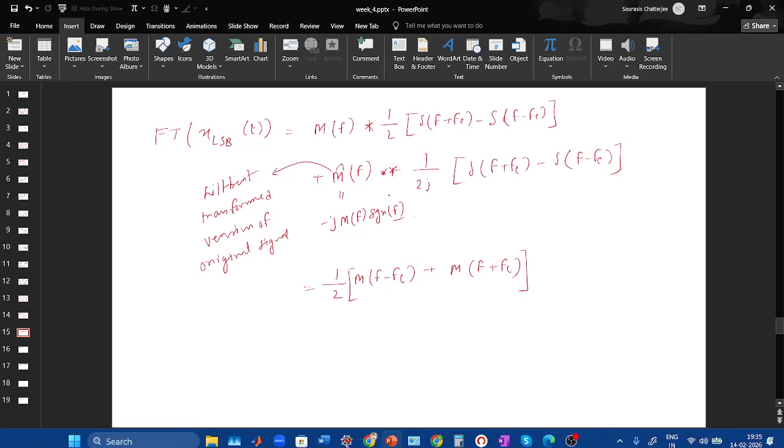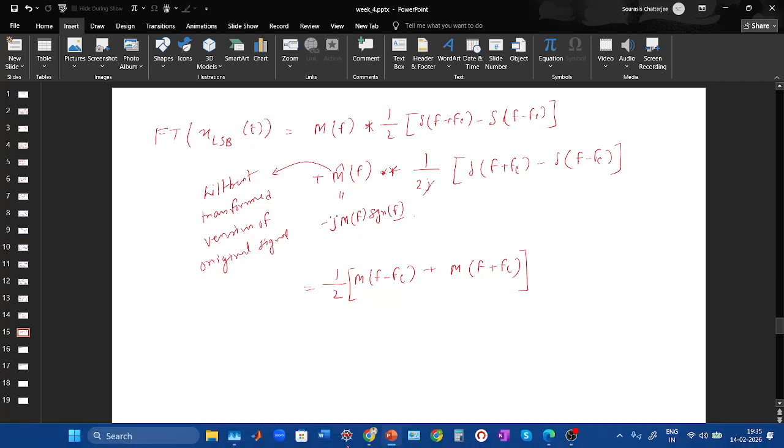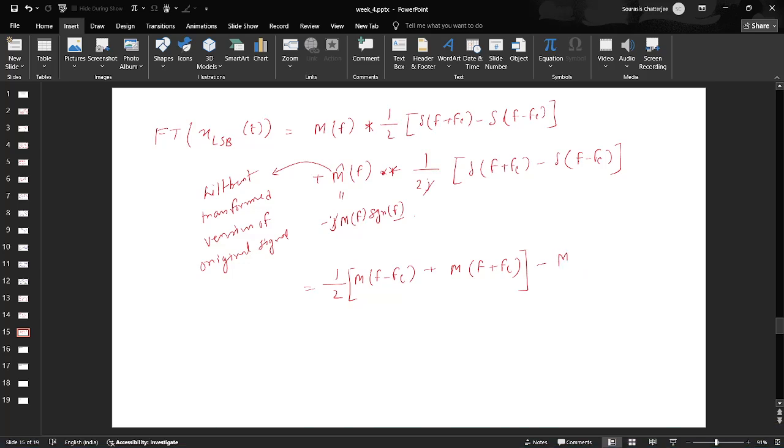Let us keep it as it is. This one becomes −M(f) sin f by 2 [δ(f+fc) − δ(f−fc)].